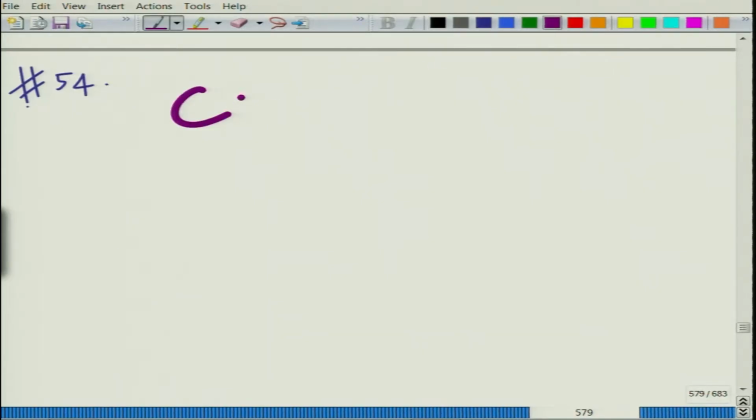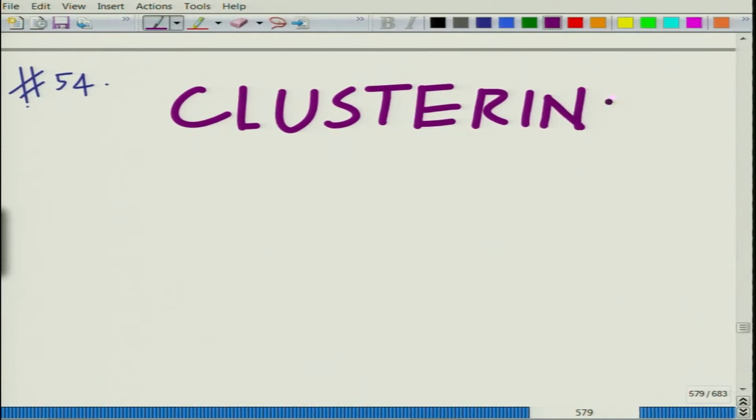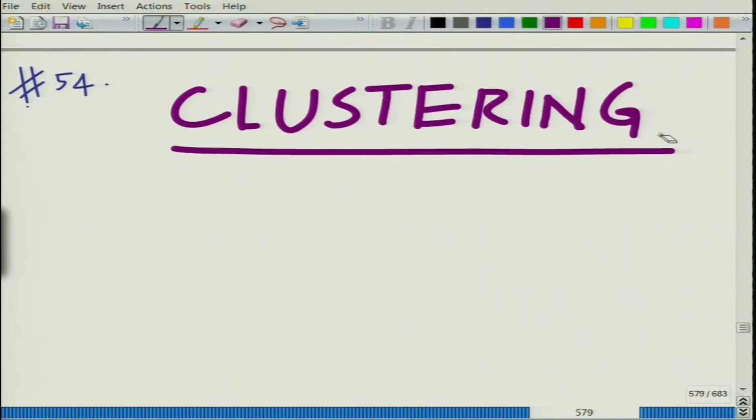So, in this module let us look at another important application of the principles of linear algebra, and that is in the context of clustering, which is essentially a very important technique or algorithm in machine learning. Okay. So, let us continue our discussion and look at another novel technique, which is essentially clustering, and this is a very important concept in the context of, as I said, machine learning, right.